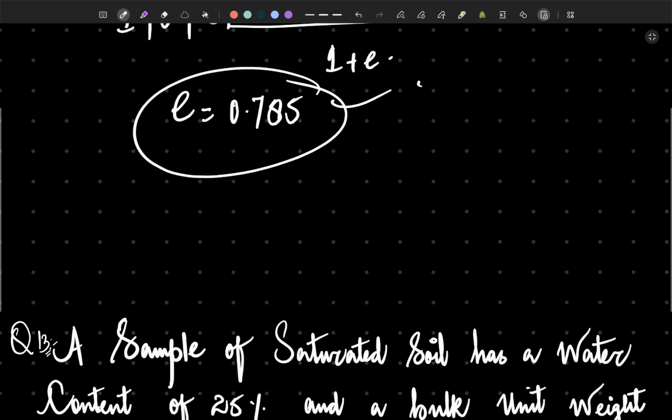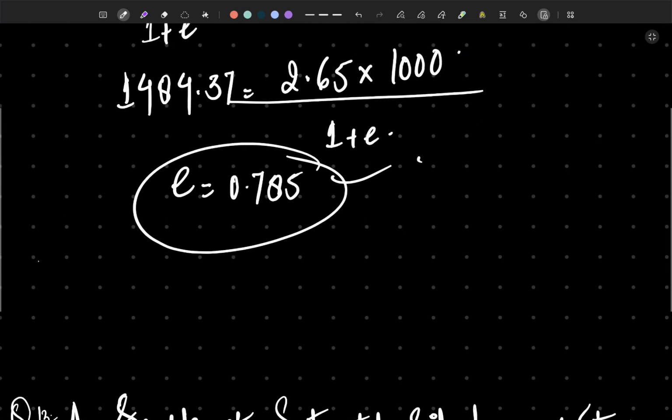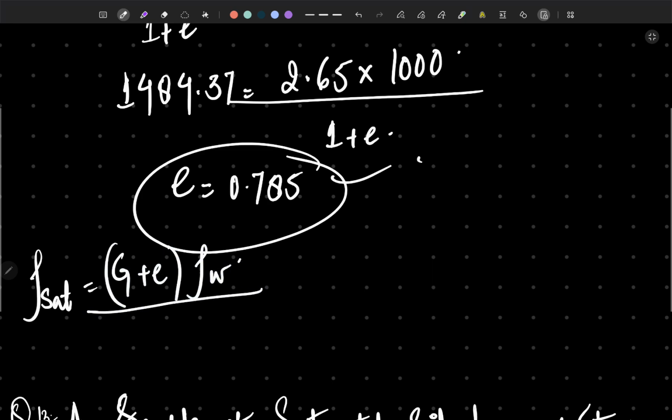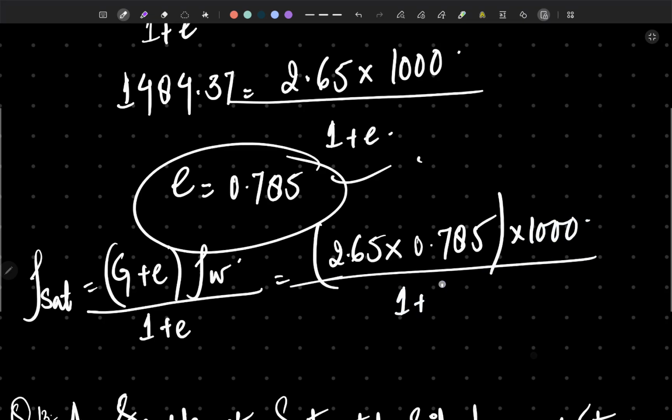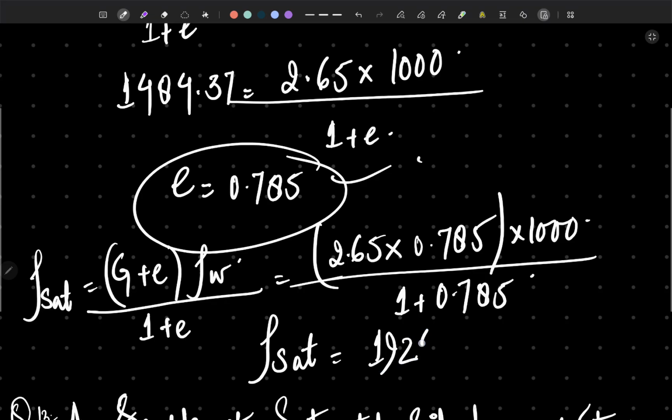Now, for the saturated density, I'll be using the same equation. Saturated density is (G plus e) rho of water divided by 1 plus e. That means G is 2.65 as per the data given in the question, void ratio is 0.785, density of water is 1000, divided by 1 plus 0.785. Upon calculations, the saturated density is equal to 1924.36 kgs per cubic meter.